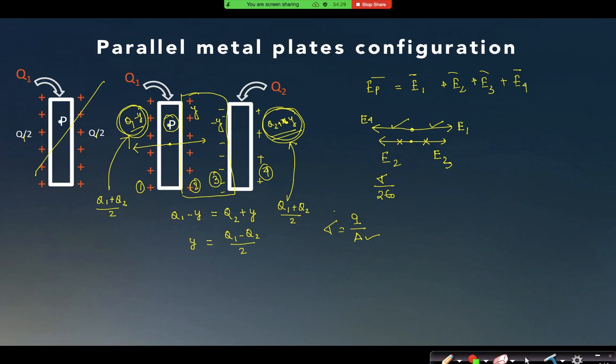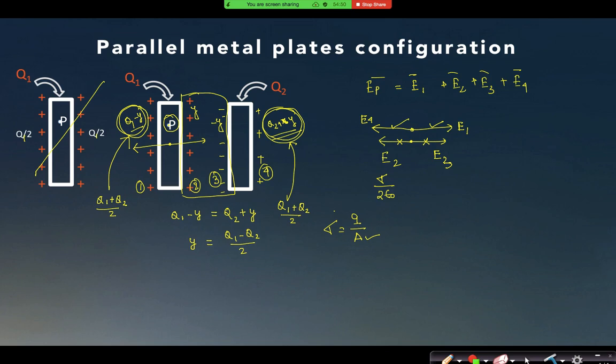If the total charge is 100, you divide it by 2, and the extreme faces will definitely carry 50 coulomb and 50 coulomb charge.